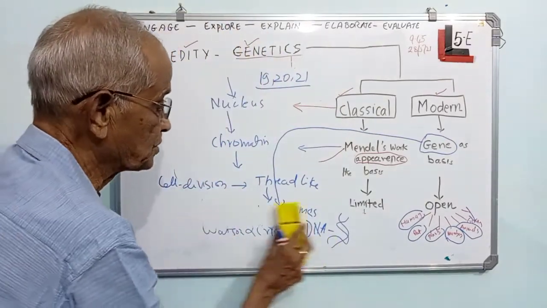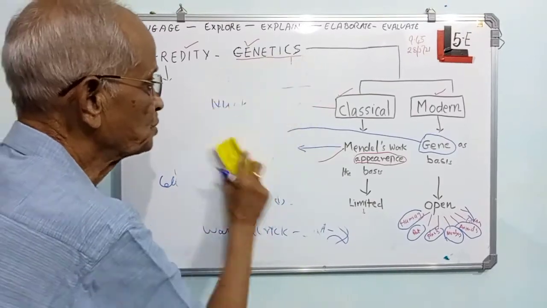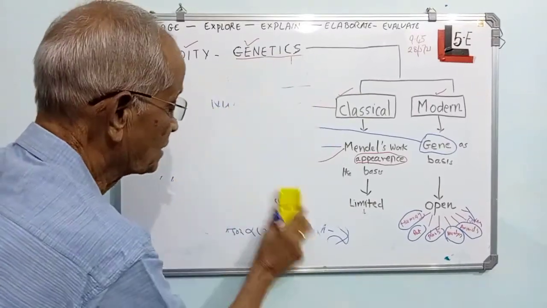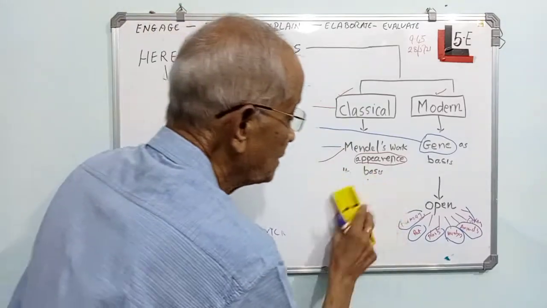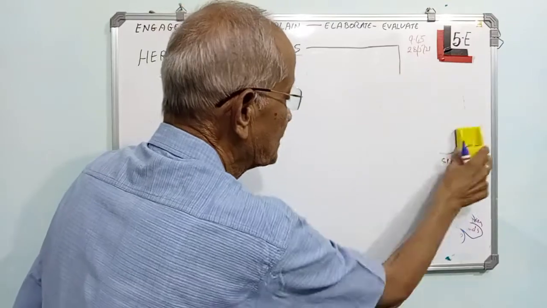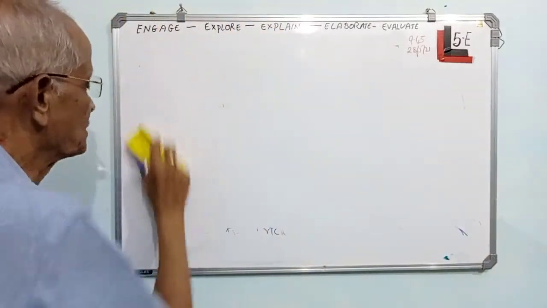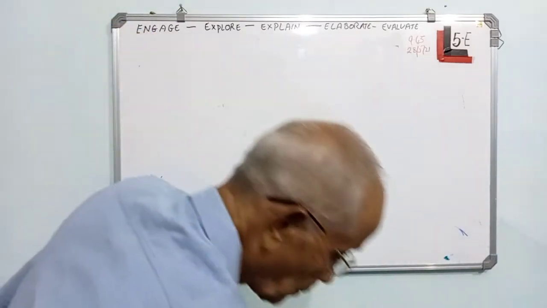Though it is there, still the Mendelian ideas are used, and people would certainly like to use the Mendelian ideas. Now, Mendel gave three important ideas, that's what I think you should be able to remember.